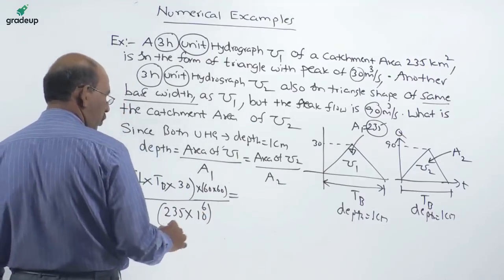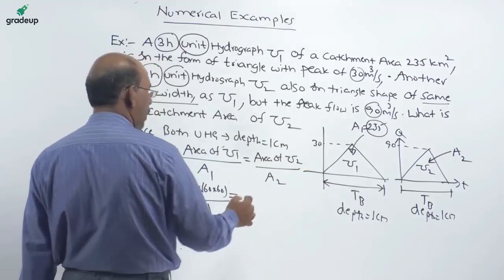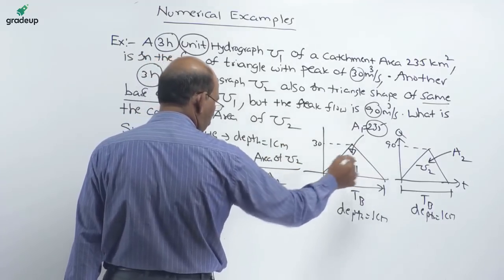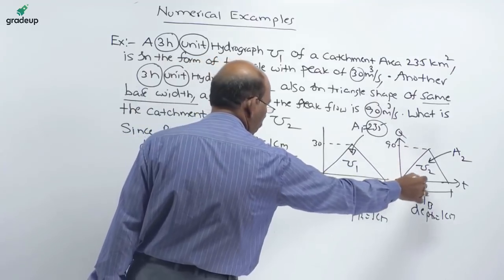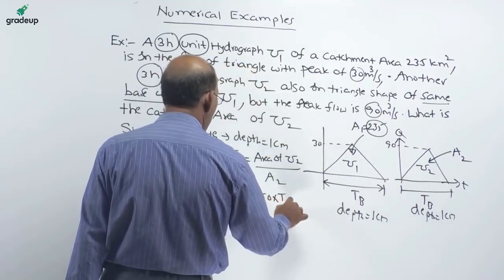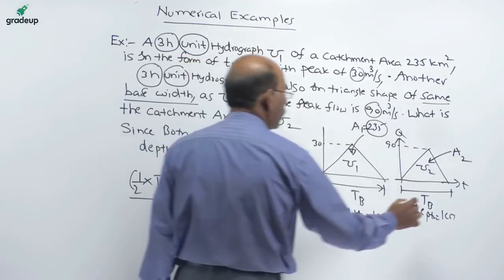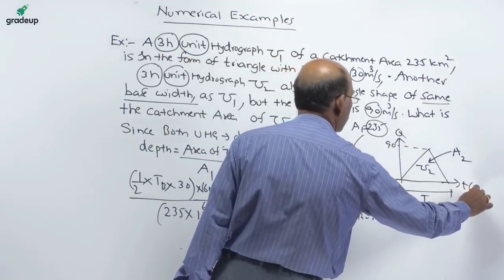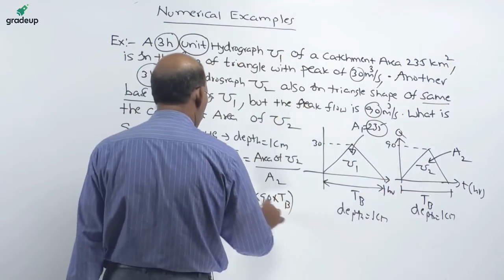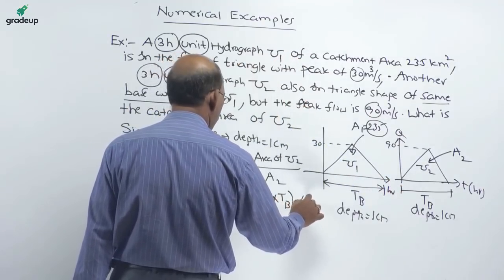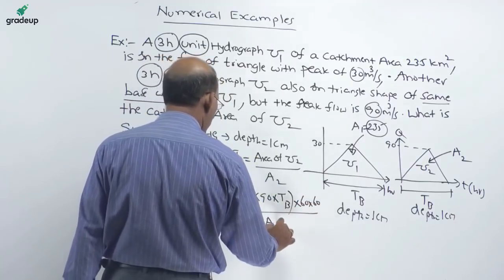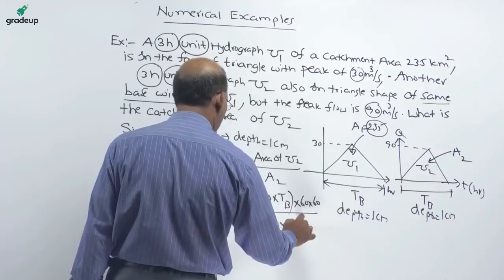This equals the second one, half into 90 into TB. This TB is in hours, here also in hours, so again you multiply with 60 into 60, divided by A2 into 10 power 6.